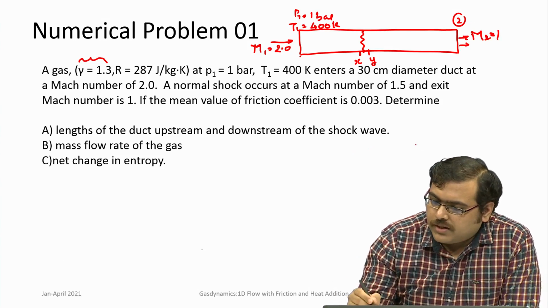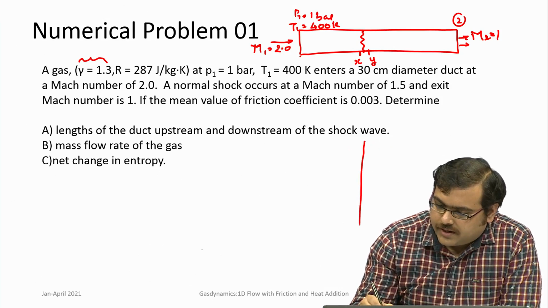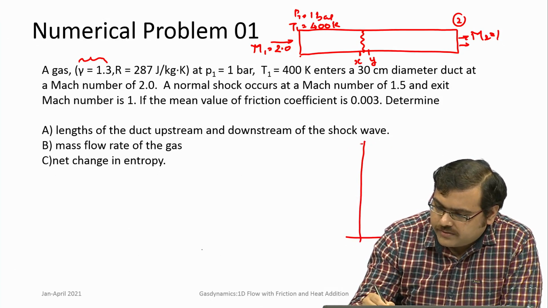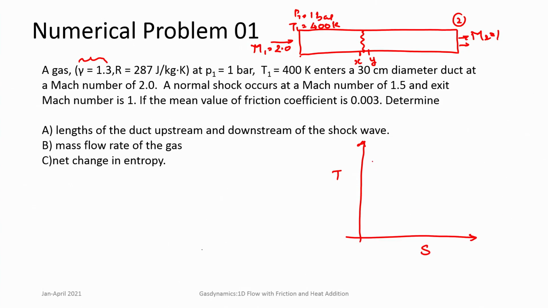It is very effective if you are able to draw a TS diagram of this particular case. What we are looking at is something of this kind. This is the star point. Initially you start with Mach number 2. This is point 1, and it follows the Fanno curve and reaches a point x where there is a shock.